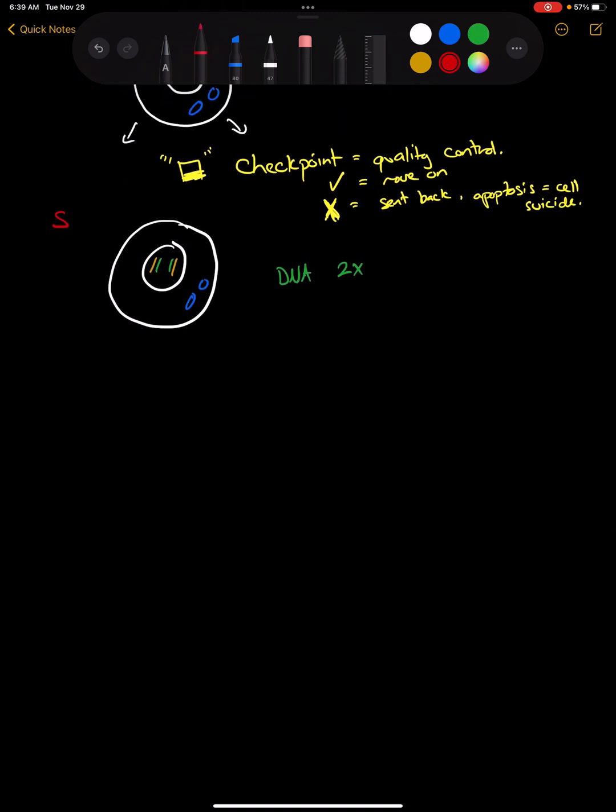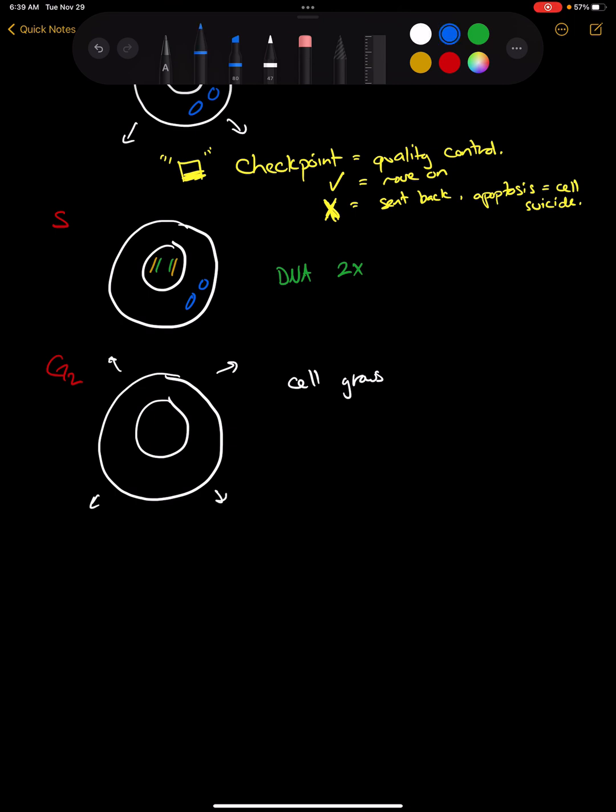Now I get to go on to my next stage, which is G2. Don't forget G stands for grow, so my cell got bigger, right? Look at that. He physically got larger. I still have 2 organelles inside, and I still have my replicated DNA. So now this guy is going to get ready to divide.